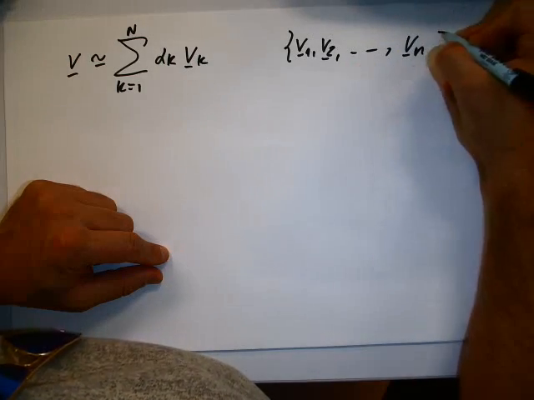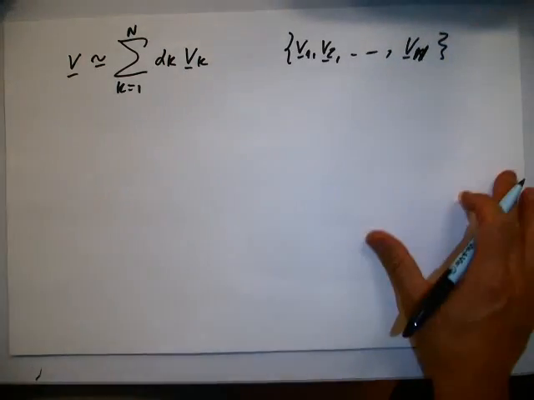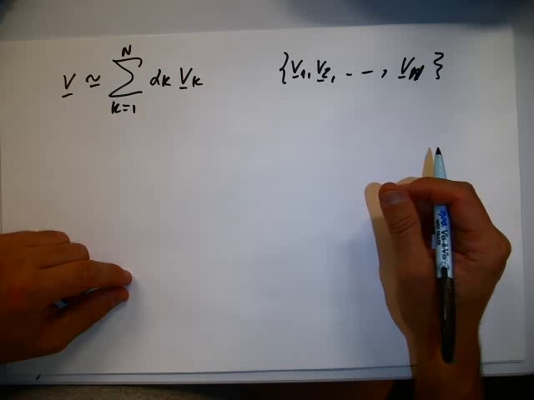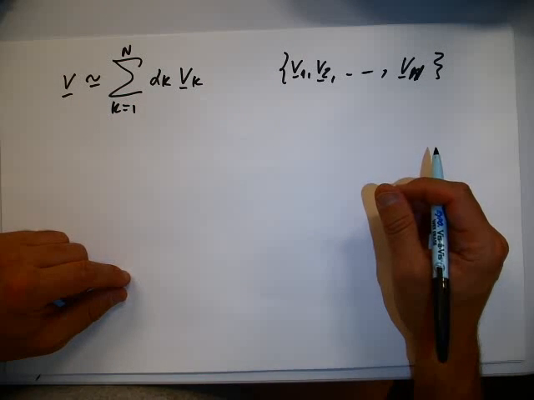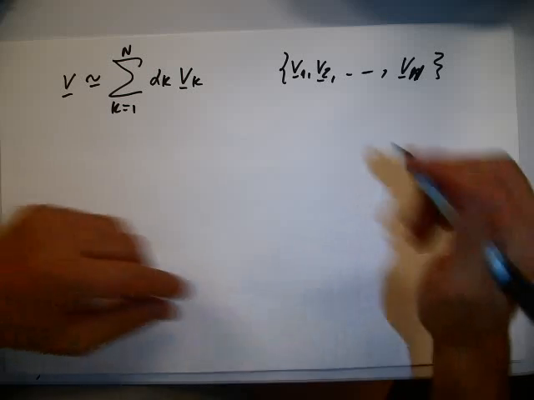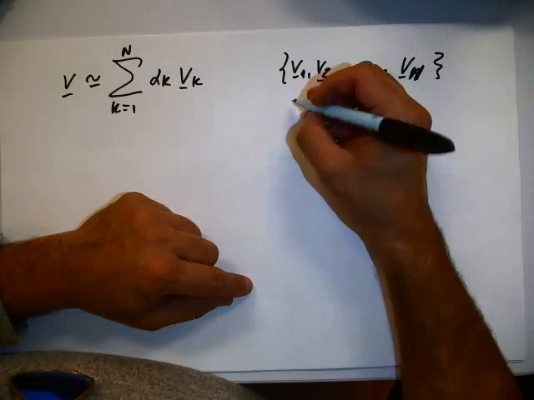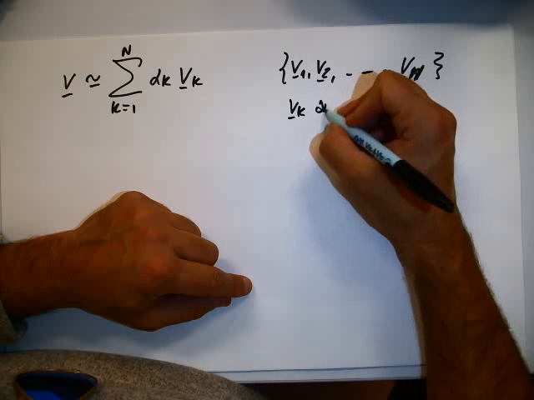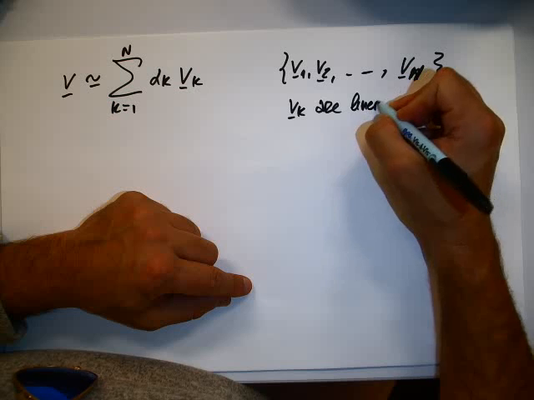Okay, and of course, in order to do that, we want to make sure that we don't have redundant information. So what does it mean? We need to make sure that the Vk vectors are linearly independent.